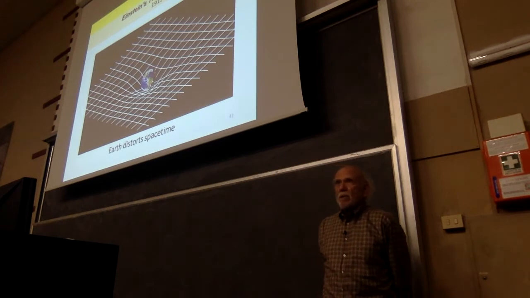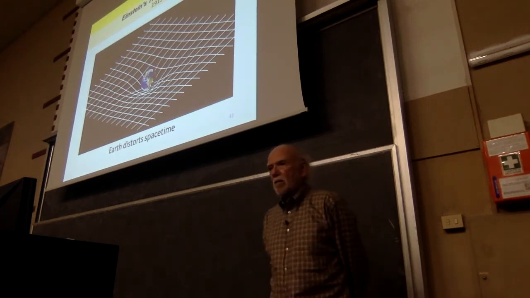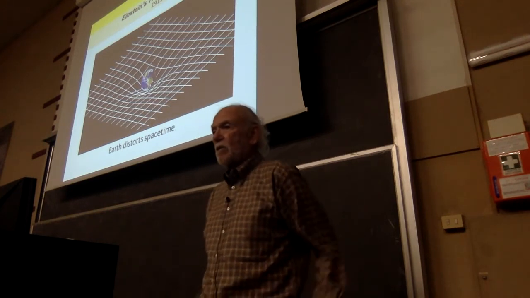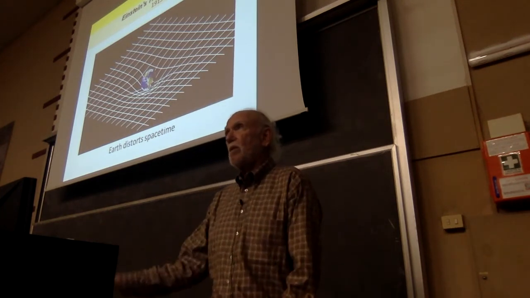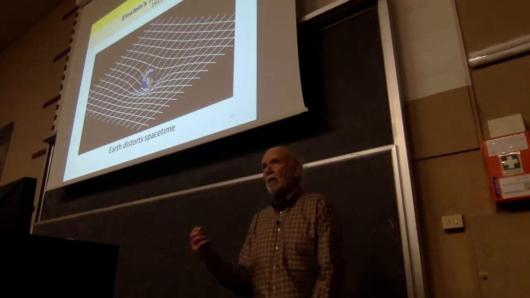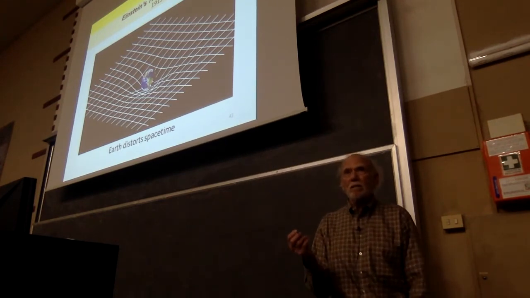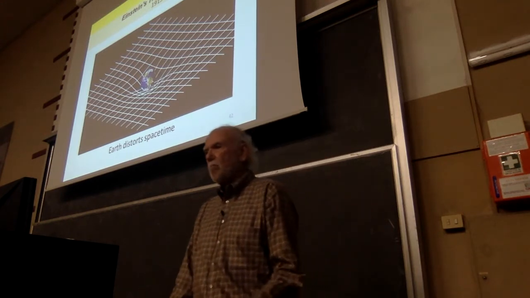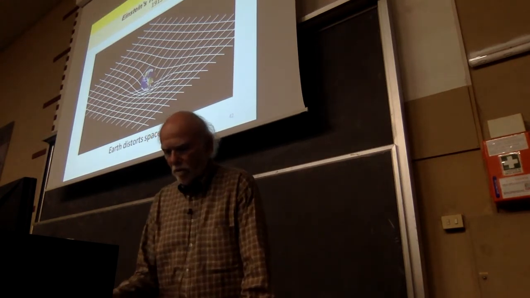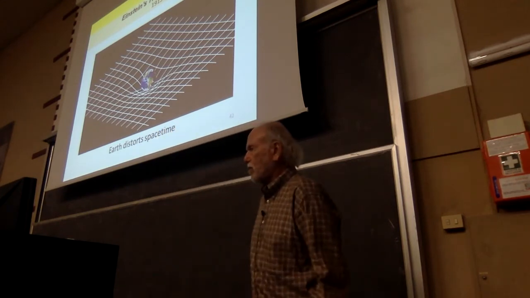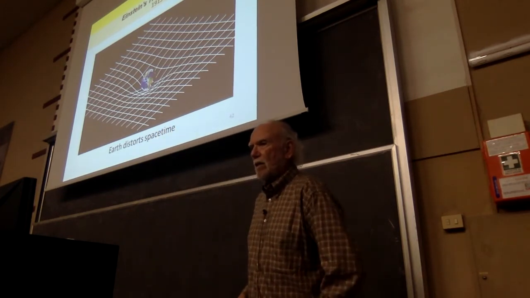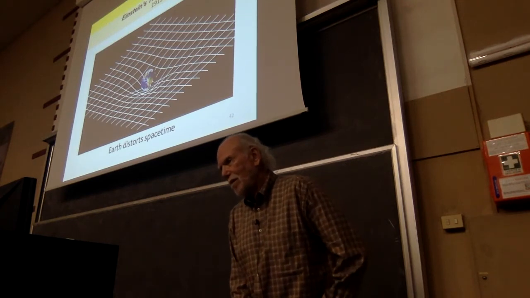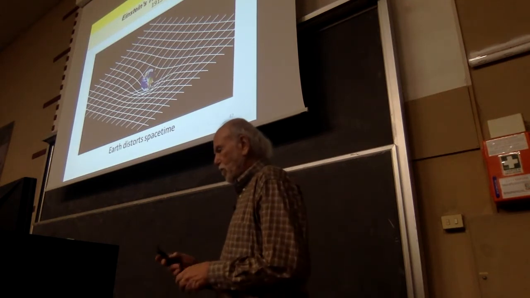The pictorial picture is the one I'm showing here. Unfortunately, all we can do in a picture like this is show you a two-dimensional or three-dimensional graph. And I have to emphasize that in Einstein's theory, it's four-dimensional, three space and one time. So every intersection that you look at on this picture has no distortion.